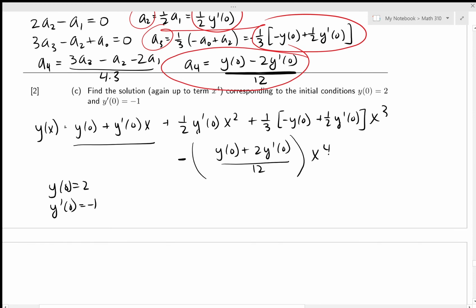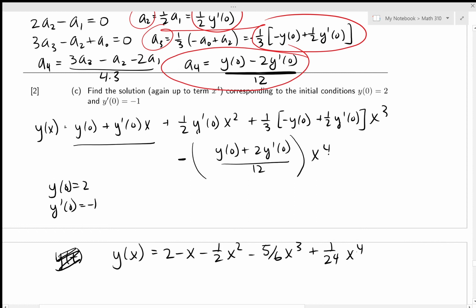Okay, I do that and I find out that the first four terms of my series solution, I'm going to just do it in terms of x, look like this. 2 minus x minus 1/2 x squared minus 5/6 x cubed plus 1 over 24 x to the 4. And I've done what was required. I've found the series solution up to the fourth term.